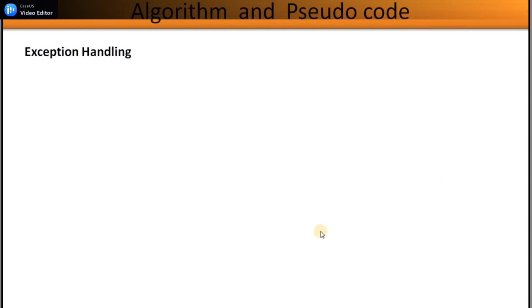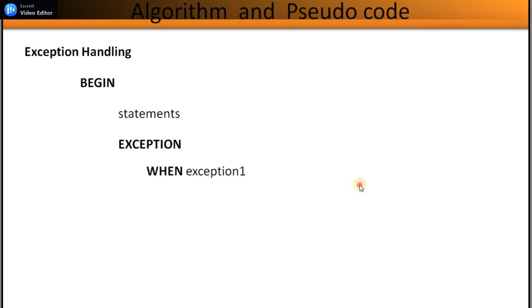Now in the programming area, errors are common. They may be compilation errors or runtime errors. So a program should handle the errors. In pseudocode, it should be written as a block of exception handling code. The block of code is: begin, statements, exception. When one type of exception is raised, statement for handling exception 1.